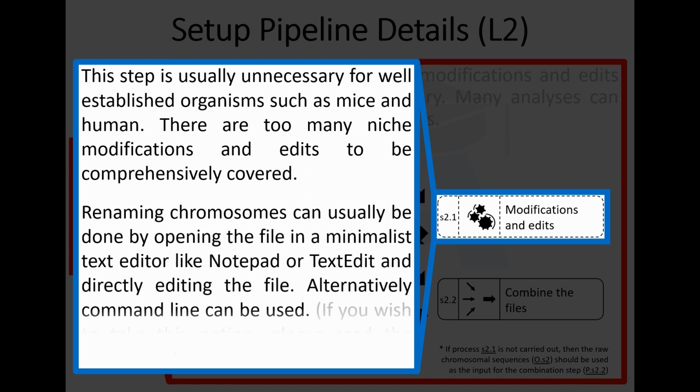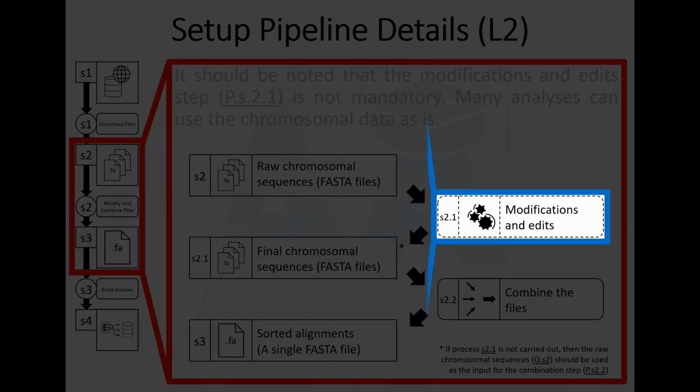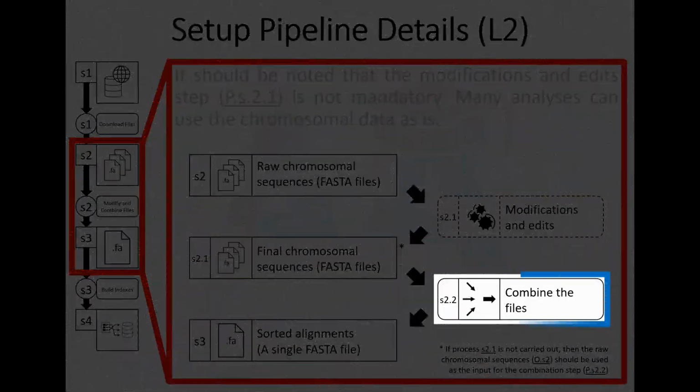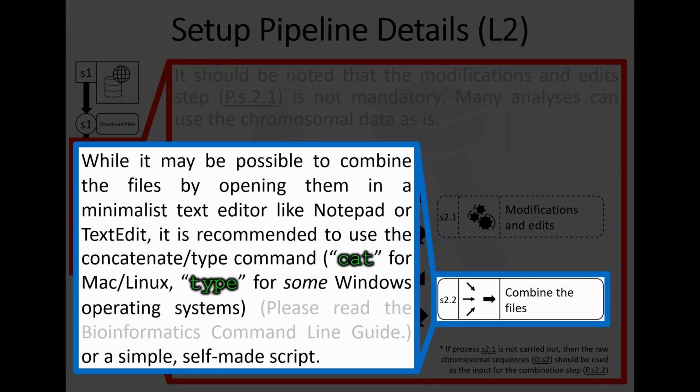When it comes to renaming chromosomes, this can usually be done by opening the file in a minimalist text editor like Notepad or TextEdit, and then directly editing the file. Alternatively, command line can be used. It is also possible to use these text editors to combine files into one for the combination step, but it is recommended to either use a command in command line or a simple self-made script.